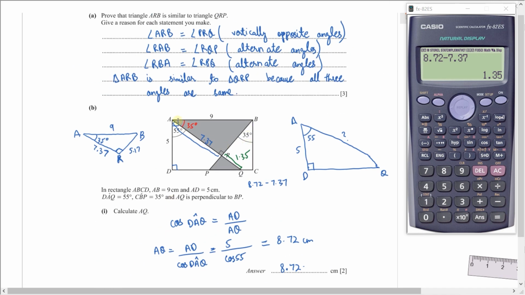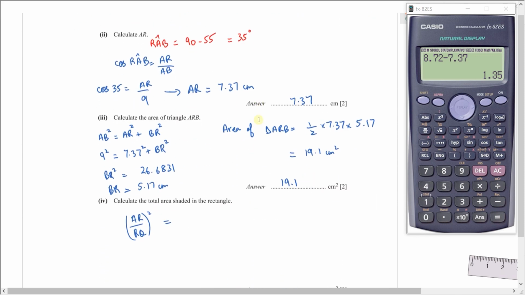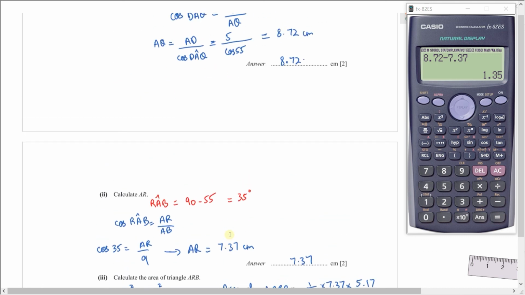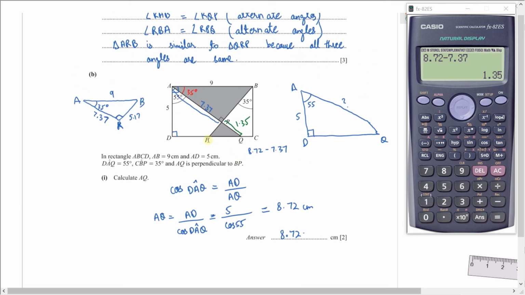So this will be area of triangle ARB divided by area of the other triangle, the smaller one at the bottom, PRQ.